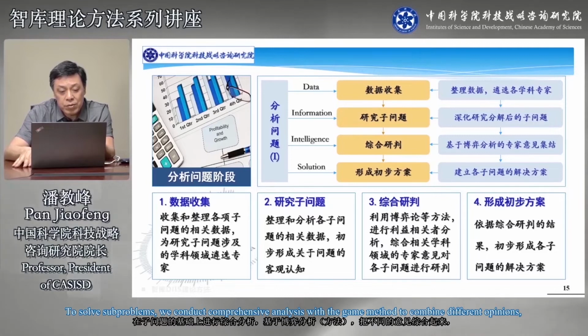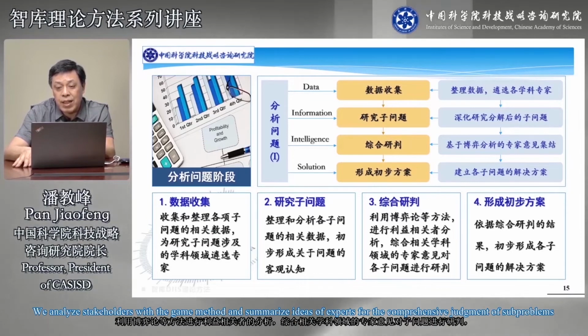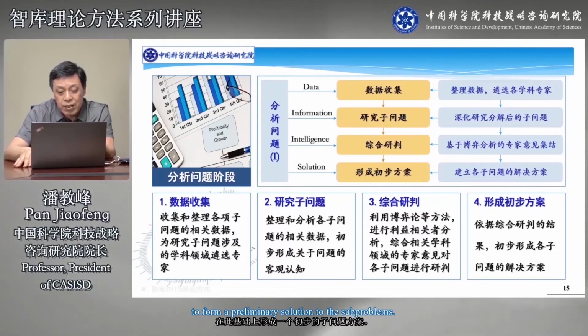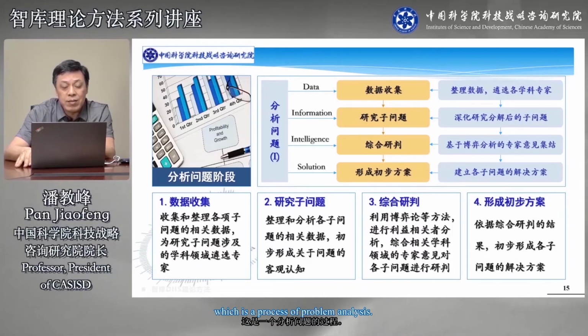To solve subproblems, we conduct comprehensive analysis with the game method to combine different opinions, namely ideas of experts. We analyze stakeholders with the game method and summarize ideas of experts for the comprehensive judgment of subproblems to form a preliminary solution to the subproblems. Through comprehensive judgment, solutions to subproblems are formed, which is a process of problem analysis.